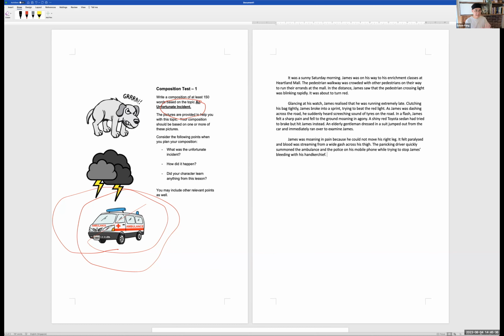Okay, so maybe he uses his handkerchief to try to press on the wound to stop the wound from bleeding, right? So he's trying to help, and then he summons the ambulance and the police, right?